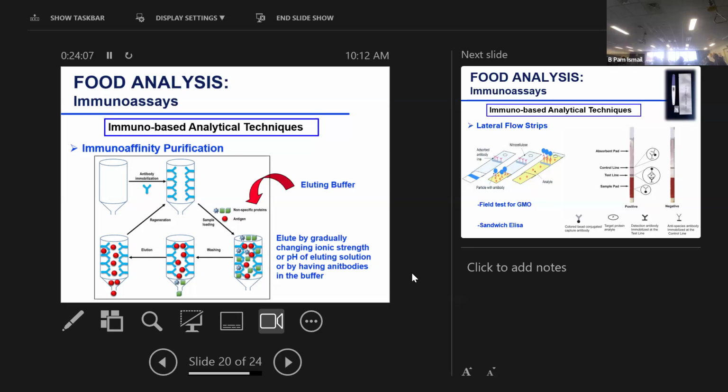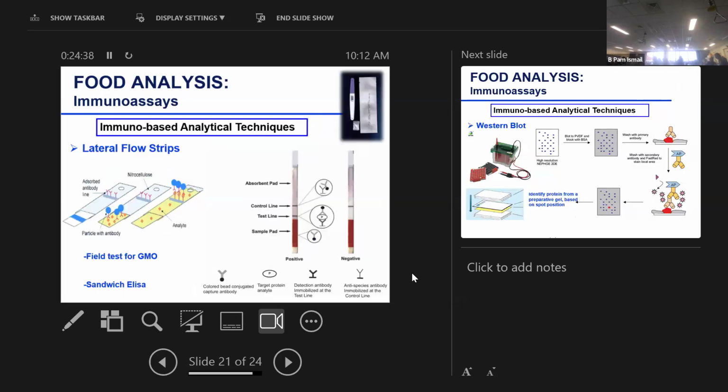So you would just put your sample and only the antigen will bind and everything else will leave the column. And then if we want to collect that antigen, we just change the conditions of the buffer, pH or ionic content, so that it will be less interacting with the antibody and then we can collect and cure the antigen.